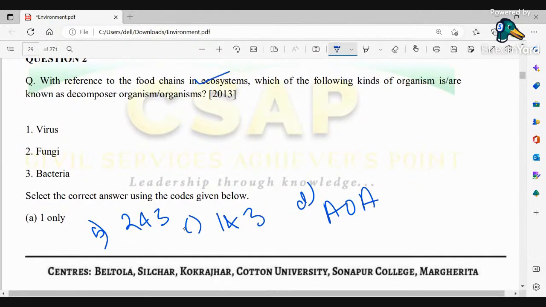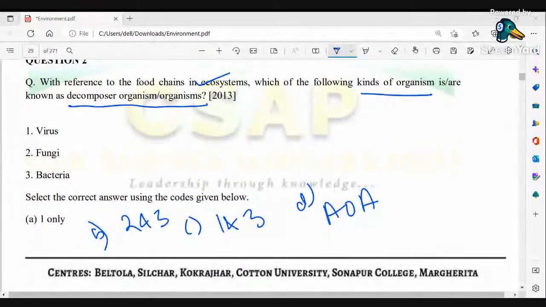With reference to food chains in ecosystem, which of the following kinds of organisms are known as decomposer organisms?